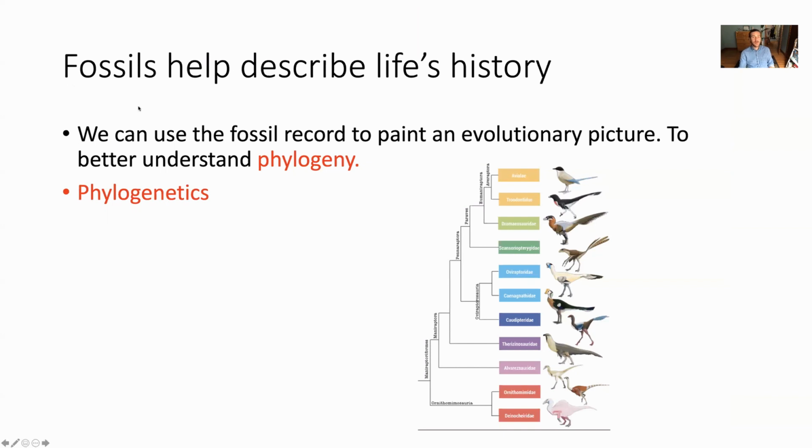So like I keep talking about, fossils do help describe life history. We can use the fossil record to paint an amazing evolutionary picture to better understand the phylogeny of these organisms. So these two red terms pop up. Phylogeny is the study of relatedness. How related are organisms, right?